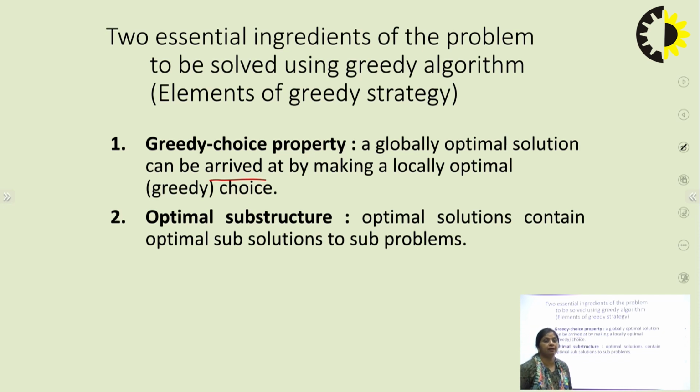For example, if I have to go from a source to a destination, the best path from source to destination will definitely have the best path between two intermediate cities that are lying on the best path. Optimal substructure, that is what we are talking about. An optimal solution contains optimal sub-solutions to sub-problems. So these are the greedy elements.